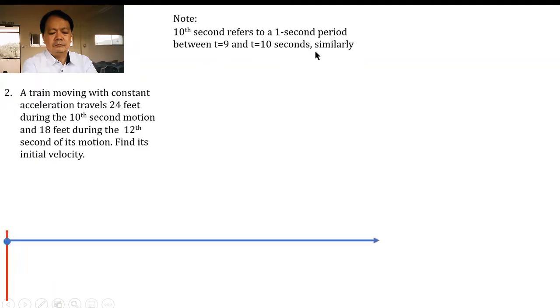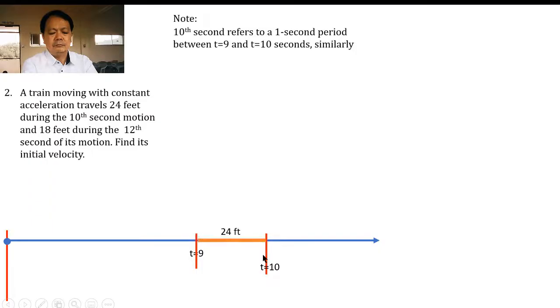Similarly, kung titignan natin dito, halimbawa ito yung straight line, at ito yung tinutukoy nating time traveled by the train after 9 seconds. Ito na yung haba. Then after 10 seconds, narito na halimbawa yung train. Ang ibig sabihin nun, itong distance na ito from t equals 9 to t equals 10, ito yung distance traveled.